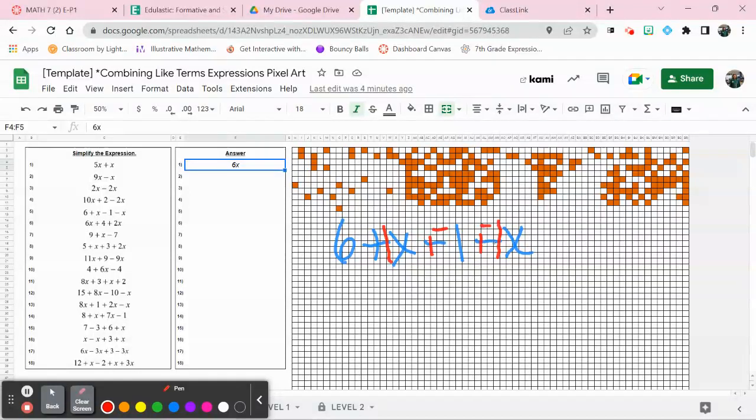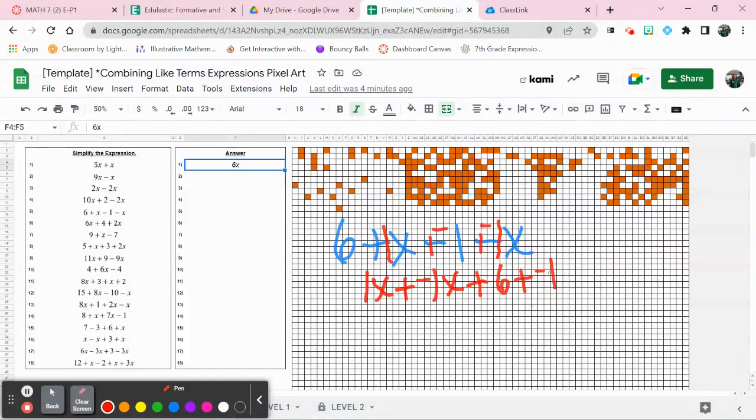Now, I can reorder this because I have addition now, the associative property of addition, and I can rewrite that. I usually try and put my variables first. That gives me 1x plus a negative 1x plus 6 plus negative 1. So we could do it that way.